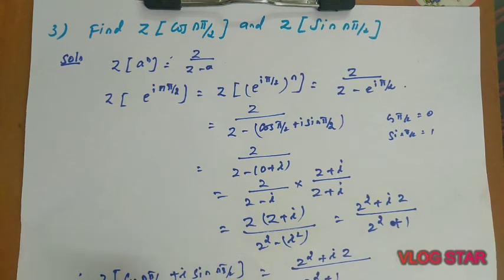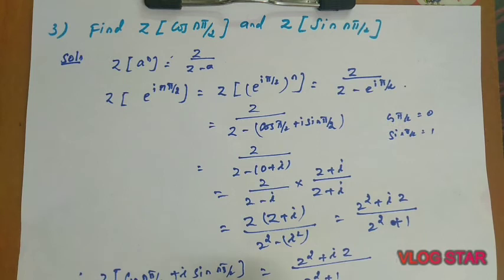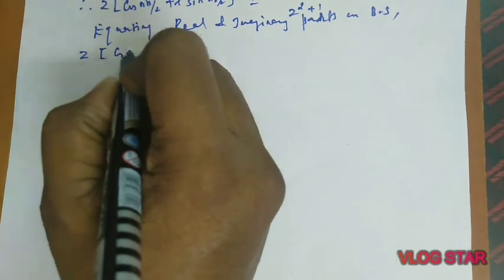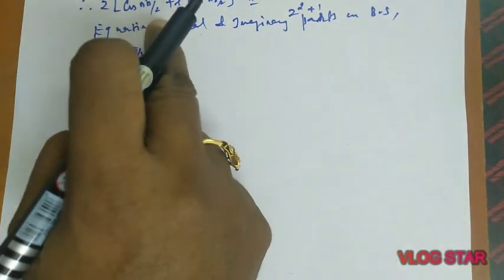Now equating real and imaginary parts on both sides. z of cos n pi by 2 is our real part.